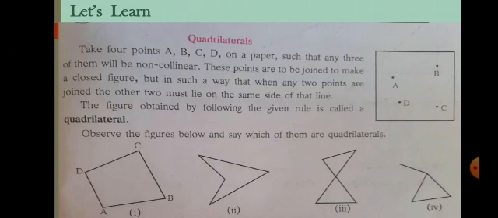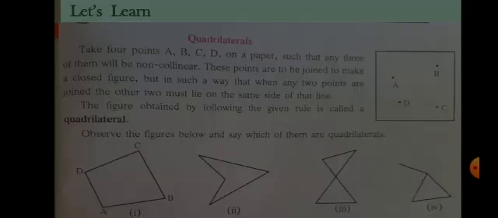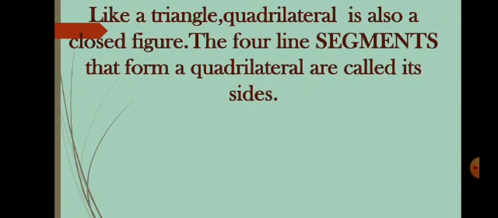Now observe the figures below and say which of them are quadrilaterals. Now figure first. You all can see figure number 1 is a figure of quadrilateral. Now as we all know that triangle is also a closed figure. Triangle has 3 sides, 3 vertices. Now, like a triangle, quadrilateral is also a closed figure.